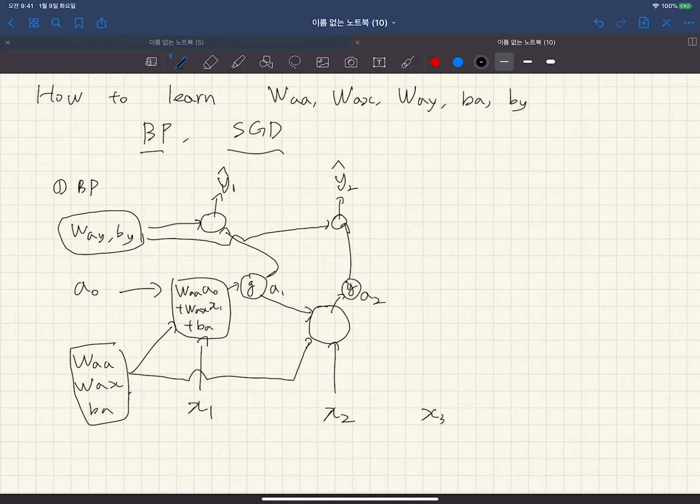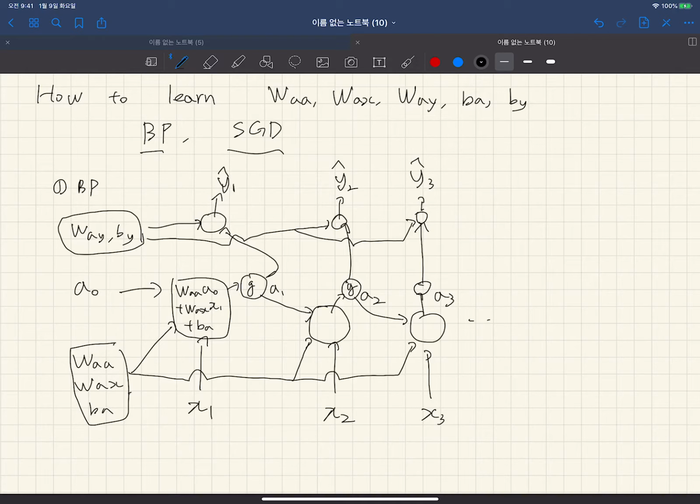For X3 as well, use the same parameters, and this hidden state to compute A3, and this one goes here, using the same output parameters to compute Y hat 3.